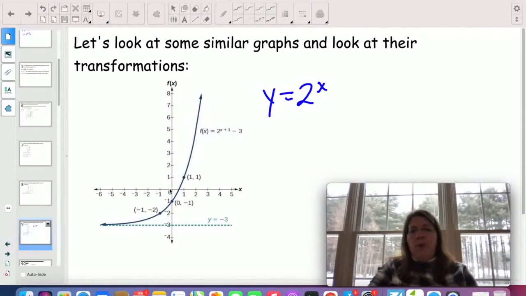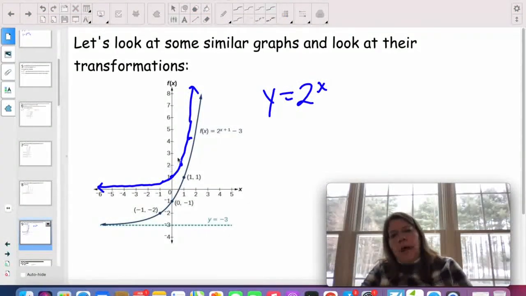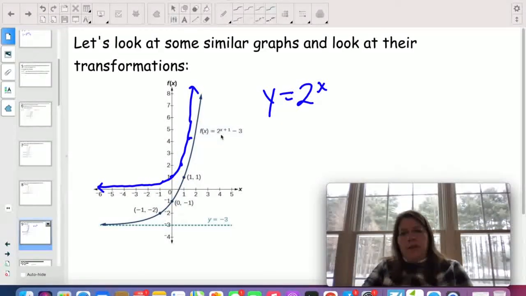And if you think about what the original graph would have looked like, it would have crossed the y-axis here. The point 1, 2 would be on that graph. The point 2, 4 would have been on that graph. And you can see in blue, I've drawn a real simple y equals 2 to the x graph, and let's see if in fact that does happen. We were expecting this graph to move left 1 and down 3.